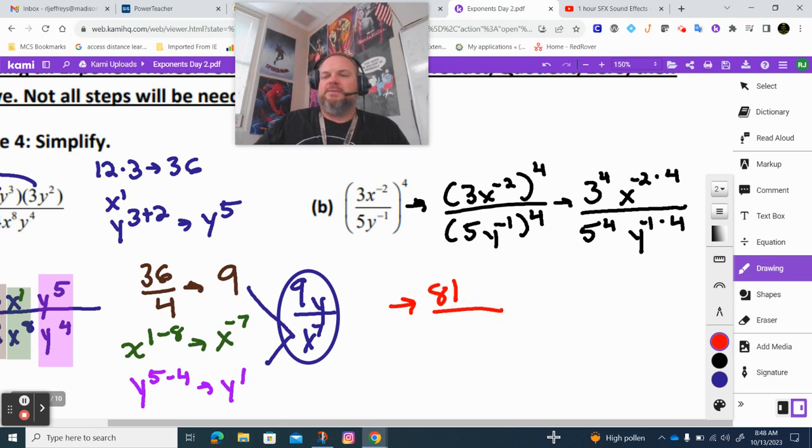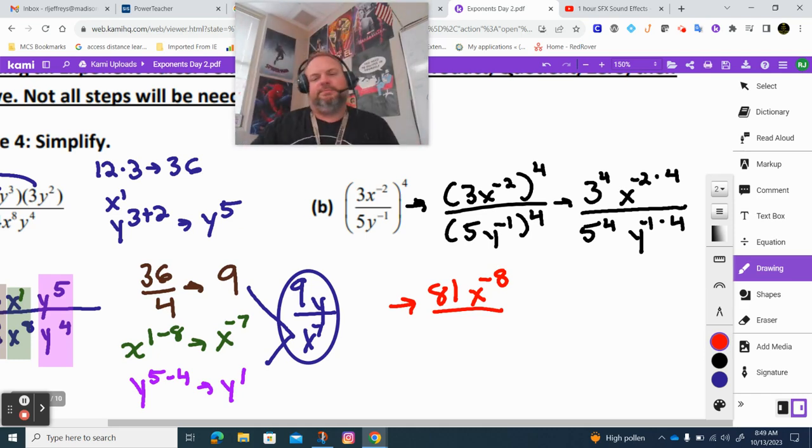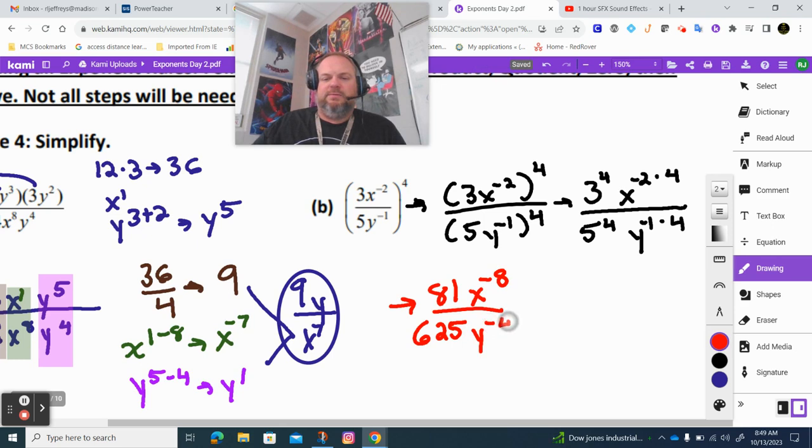All right. Negative 2 times 4 is negative 8. And 5 to the fourth, 625. And then this is y to the negative 4.